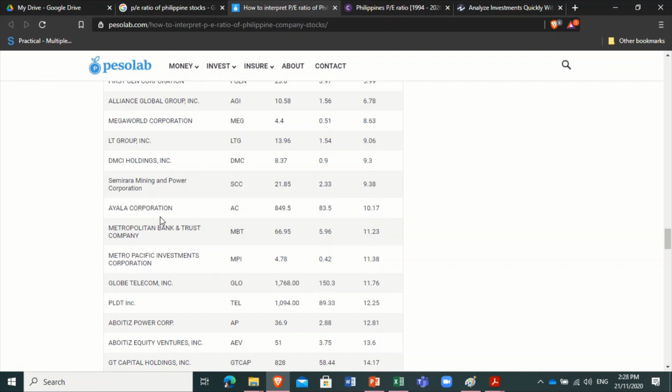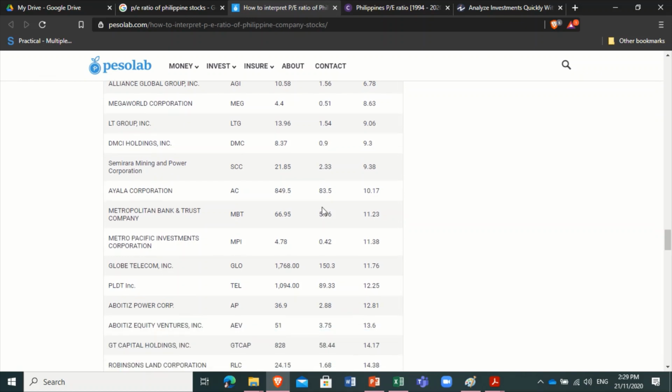Okay? So totoo naman, Ayala Corporation, you would know that these companies are really profitable kasi ang computation natin for EPS is net income attributable to common shareholders divided by total number of shares. So they are really profitable as compared to other similar blue chip stocks.